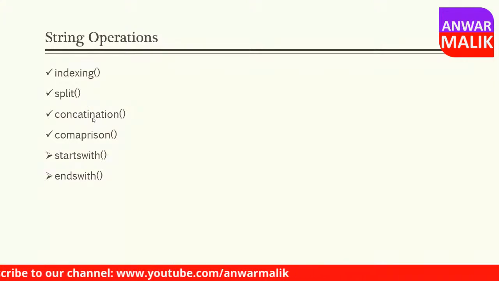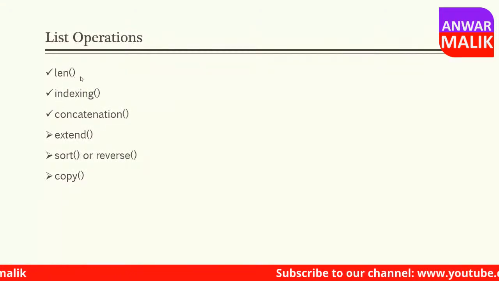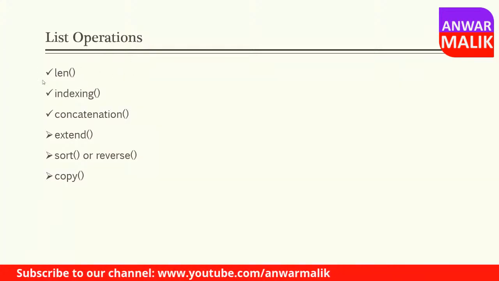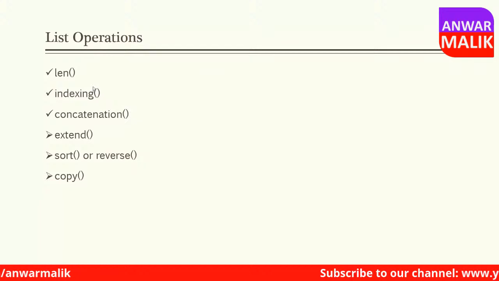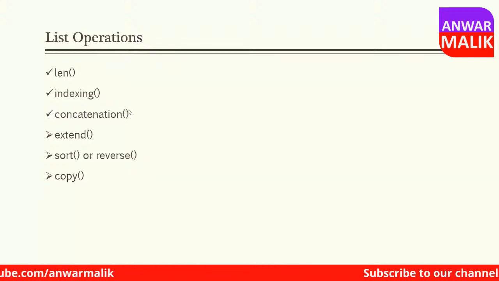It's called concatenation. Similarly, we talked about how you can count the number of items in a list. The function used for that is called length. How you can index or call upon the different items from a list, and how you can combine two lists is also called concatenation.